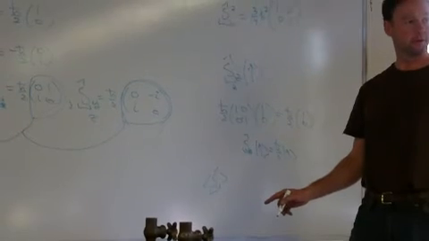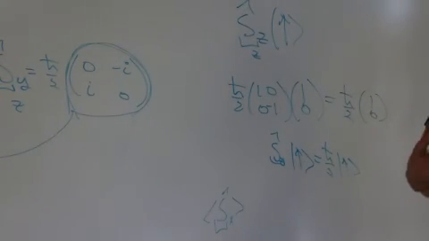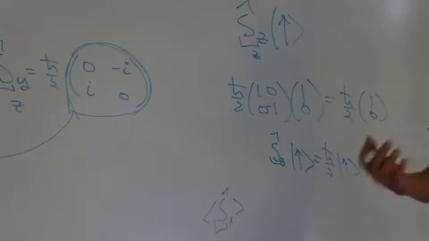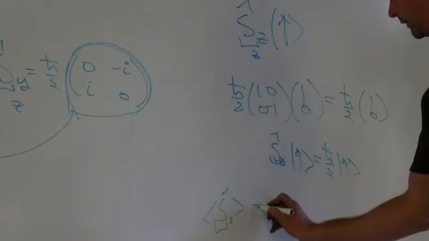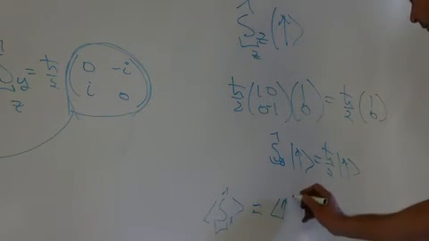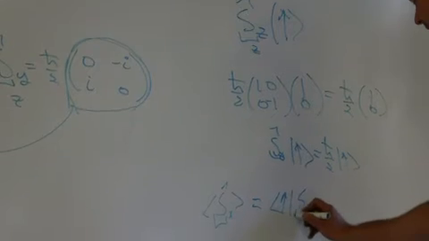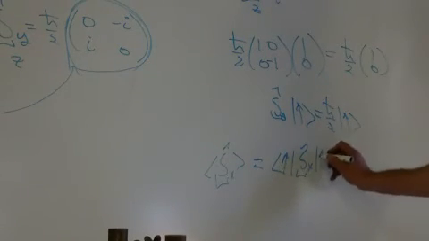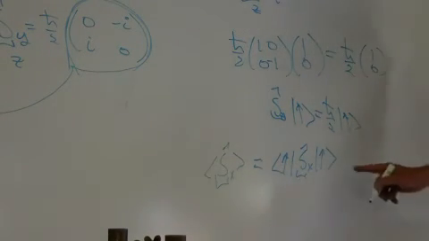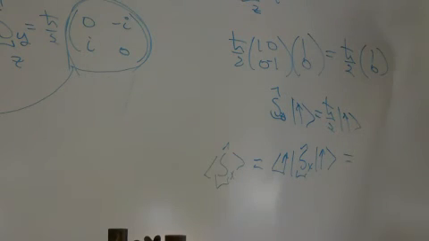Now when I'm doing a measurement, I have to calculate the expectation value. So that equals an up, then SX, squeezing the operator in there, and then an up. As Eric pointed out, this is going to come out to be 0.